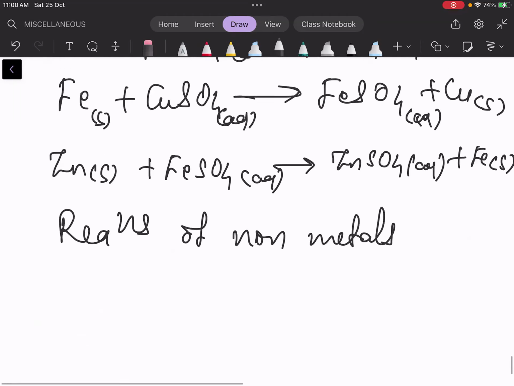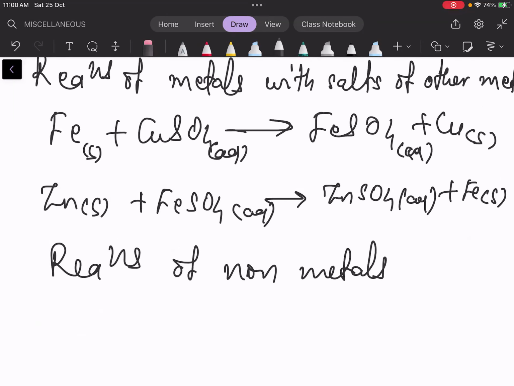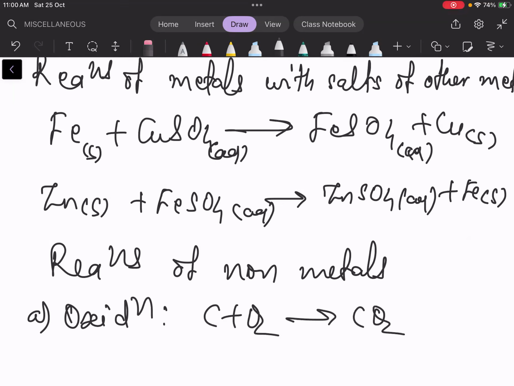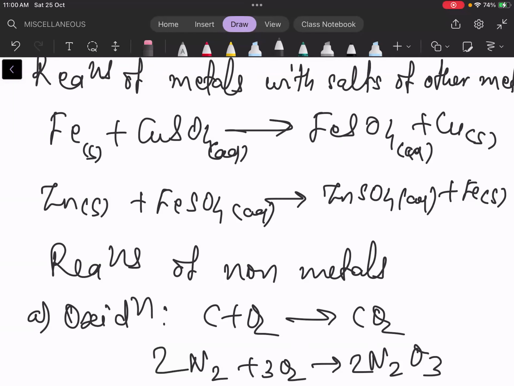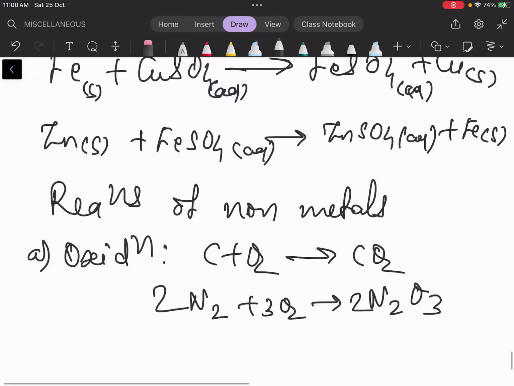Now, reactions of non-metals. First, oxidation. Carbon combined with oxygen, carbon being a non-metal, forms CO2. Similarly, nitrogen combined with oxygen forms N2O3.